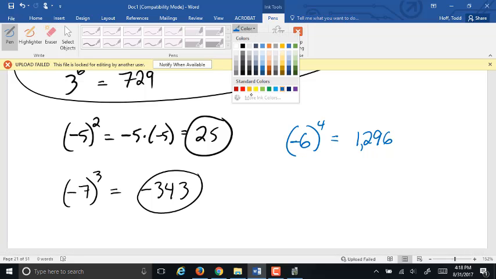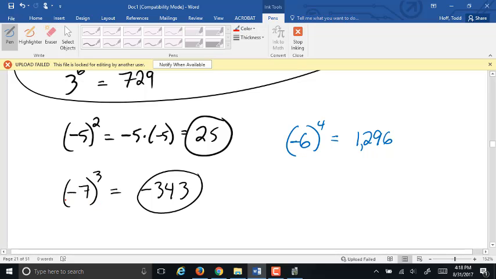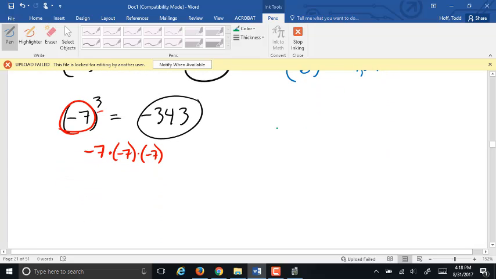If you think about these last two, what happened here with the negative 7 to the third power? Well, that's negative 7 times negative 7 times negative 7. When I go to combine there, negative 7 times negative 7, a negative times a negative is a positive. It's a positive 49.